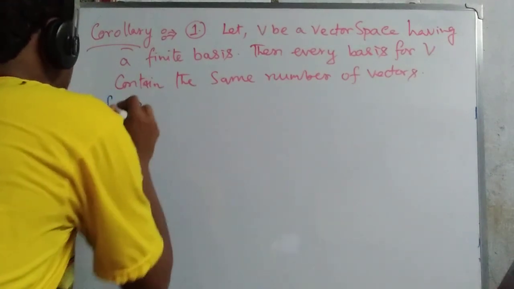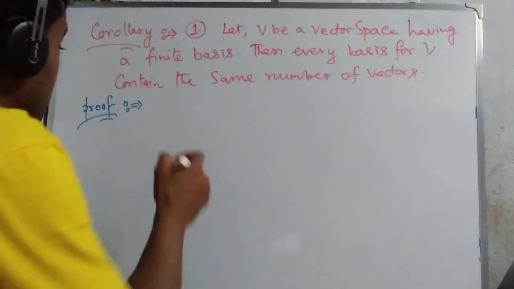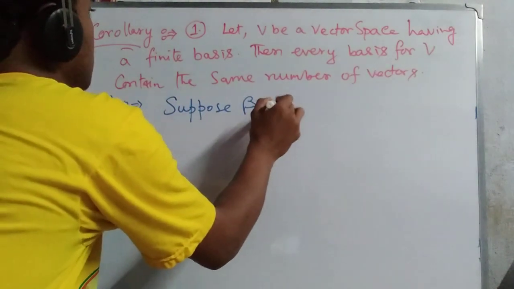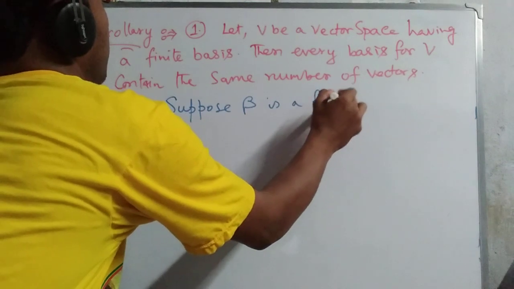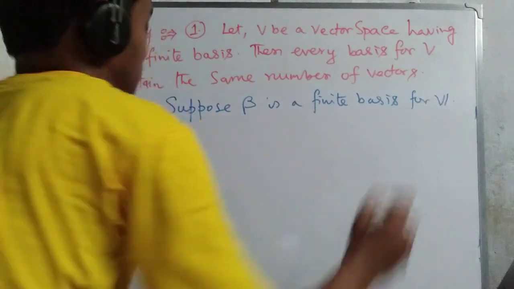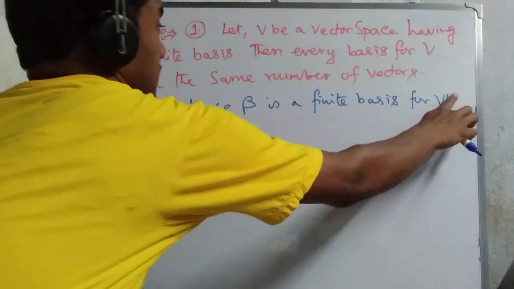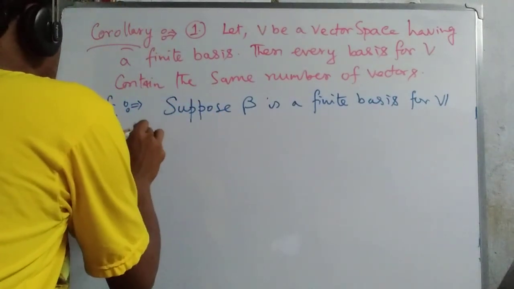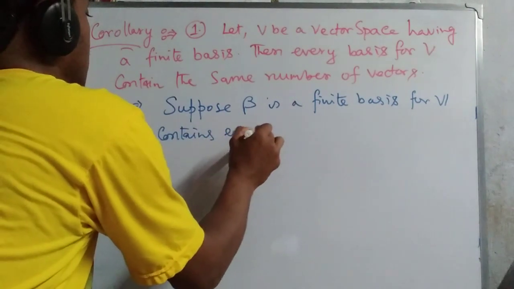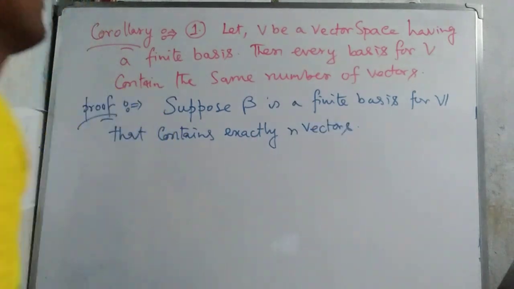What happens? Suppose beta is a finite basis for V that contains exactly n vectors. Then what happened?